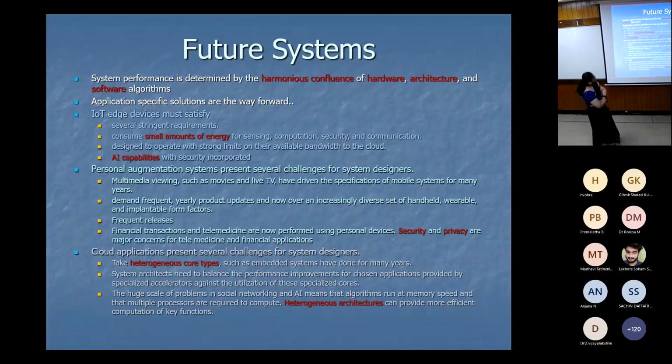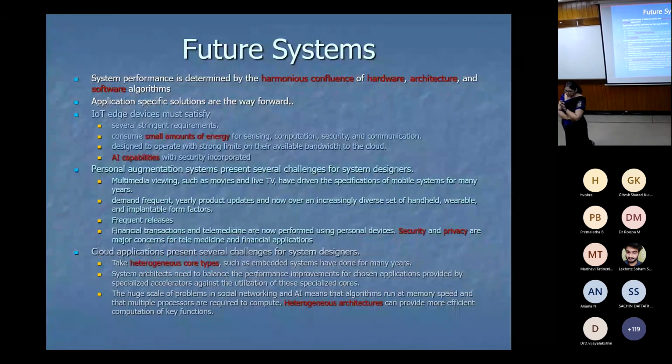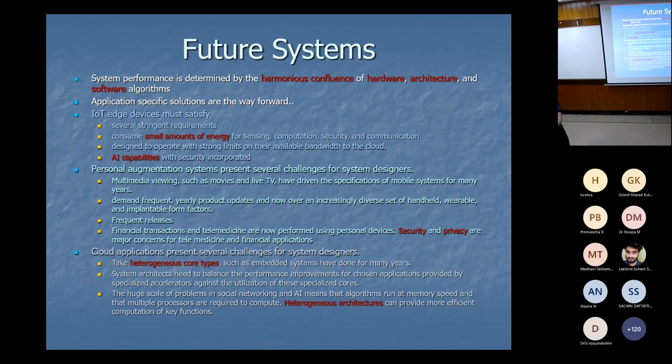And personal augmentation systems, if you see the present challenges they pose to the designers, are basically the faster turnaround time, that means the development time. A user keeps wanting to change the devices faster, right? So you need to keep updating the designs faster. Your development cycle has shrunk. So how do you make sure that newer and newer devices come out so fast?